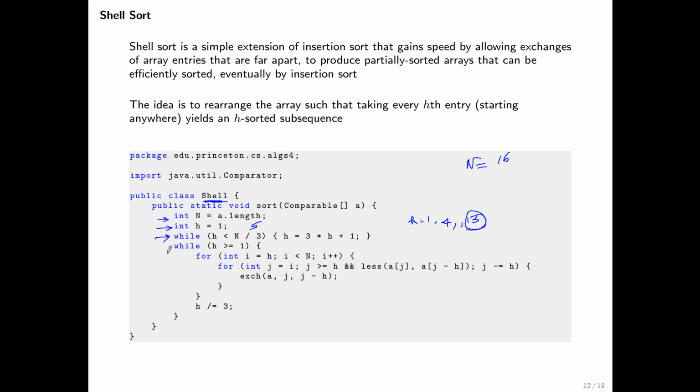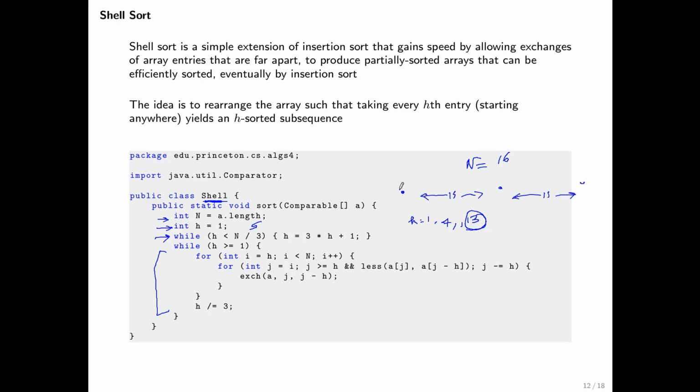What we will do next in this while loop is take that input array of size 16 and first sort the elements by only looking at elements that are 13 apart. So you might have an element here, and another element here, and they are 13 apart, and another element here that is 13 apart, and so on.